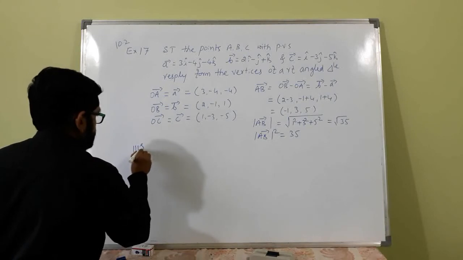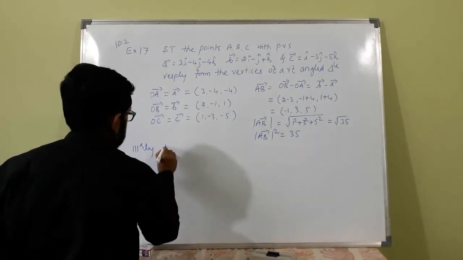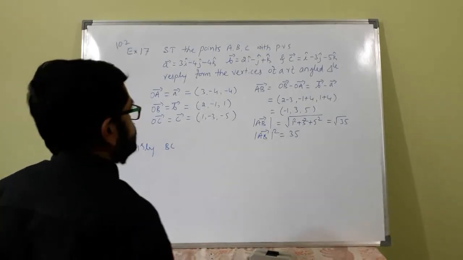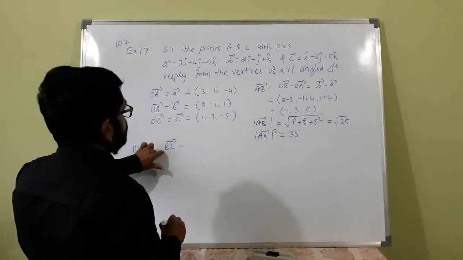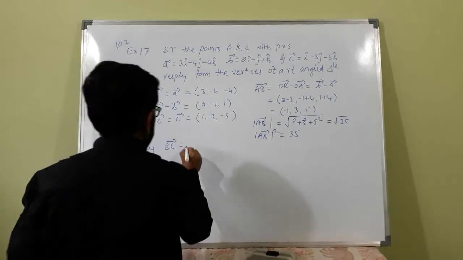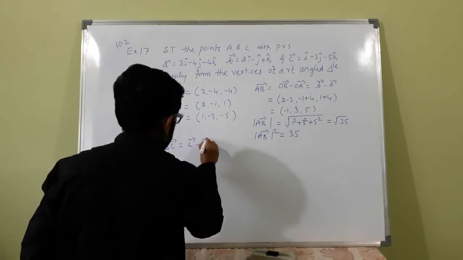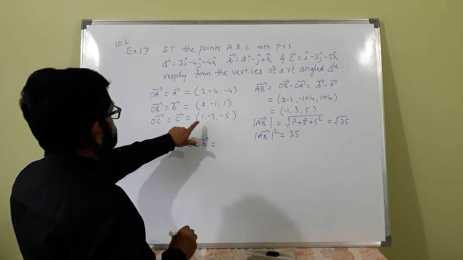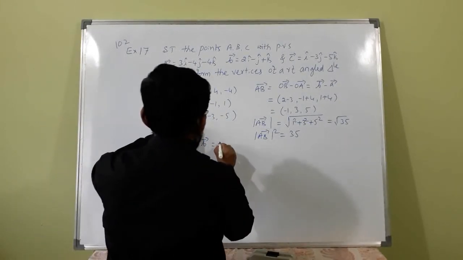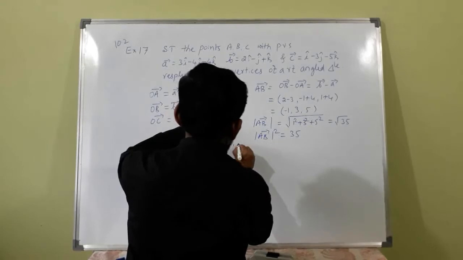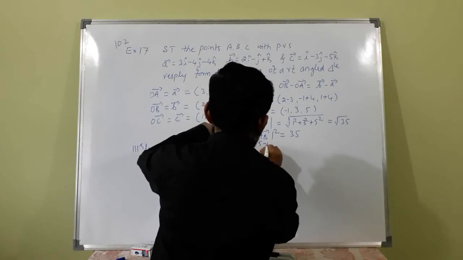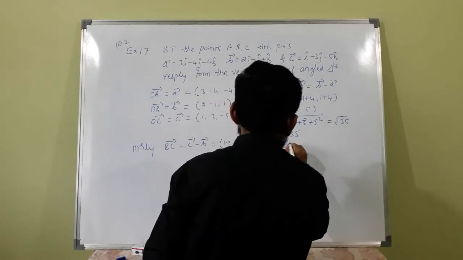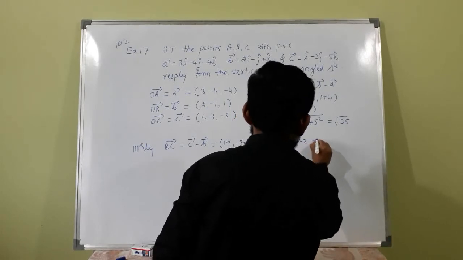I will continue here. BC. To find BC, the BC vector is OC minus OB, that is vector C minus vector B. So C minus B is 1 minus 2, minus 3 plus 1, minus 5 minus 1, which is equal to minus 1, minus 2, minus 6.